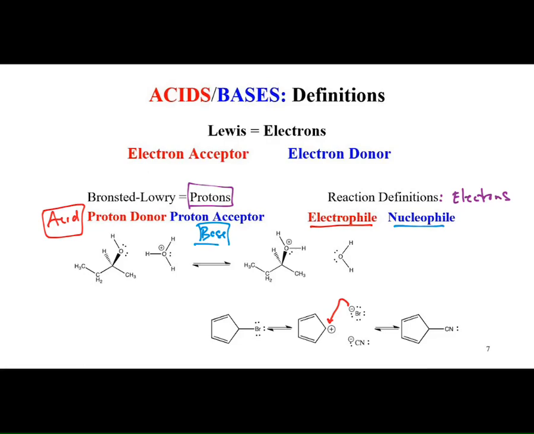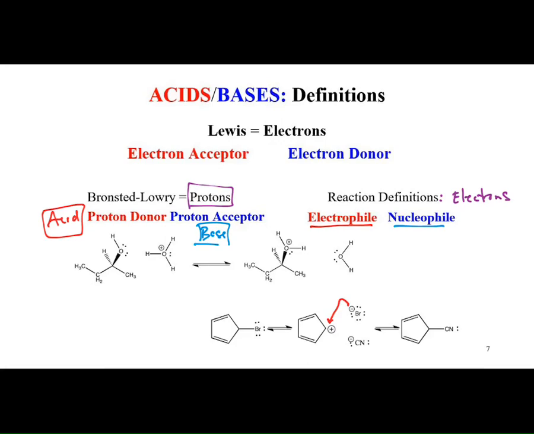So if we stick with acids being proton donors, bases being proton acceptors, electrophiles being electron acceptors, and nucleophiles being electron donors, we've got the basics for all of our reactions, or 95% of our reactions. And that's what I want you to be able to deal with and to manipulate and talk about.